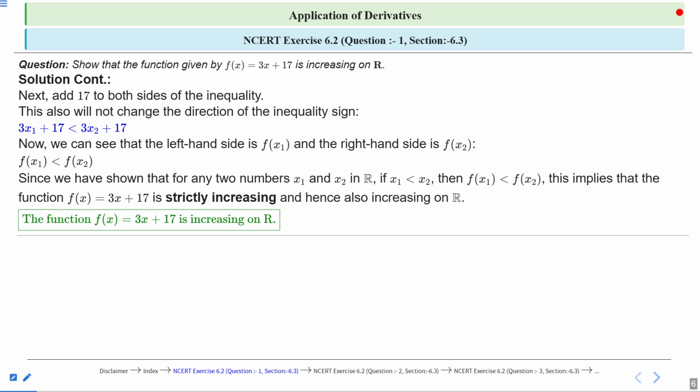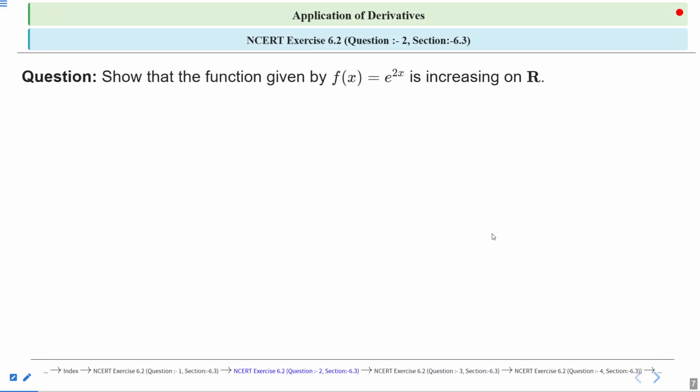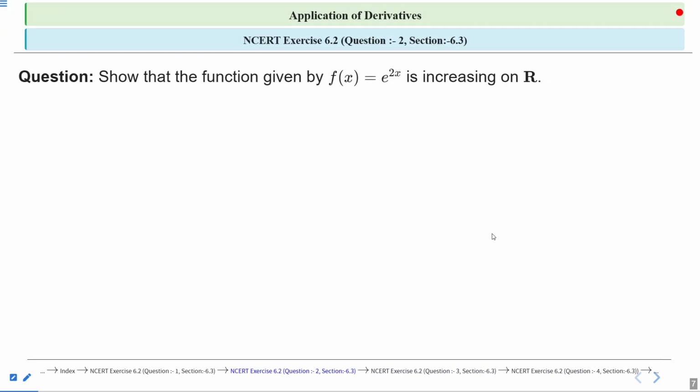Okay, let's move to the next question. So question number 2, NCERT exercise 6.2, which says show that the function given by f(x) equal to e to the power 2x is increasing on all real, right?